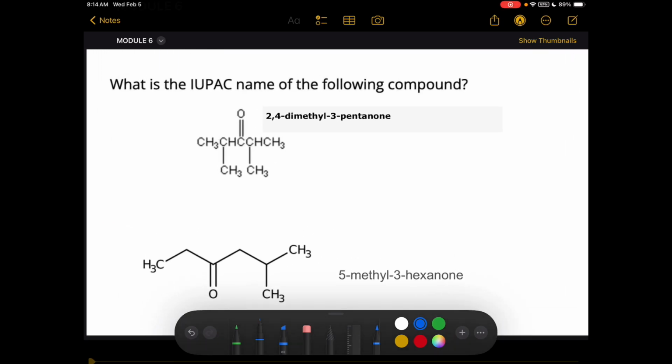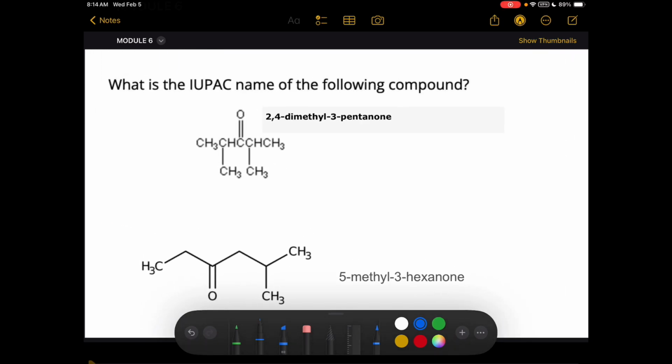Okay, so let's name this compound. First, we are going to locate where my carbon is located. It's this one. And let's count how many carbon we have. 1, 2, 3, 4, 5. If I count from left to right, this is carbon number 1, 2, 3, 4, 5. If I count from right to left, 1, 2, 3, 4, 5.